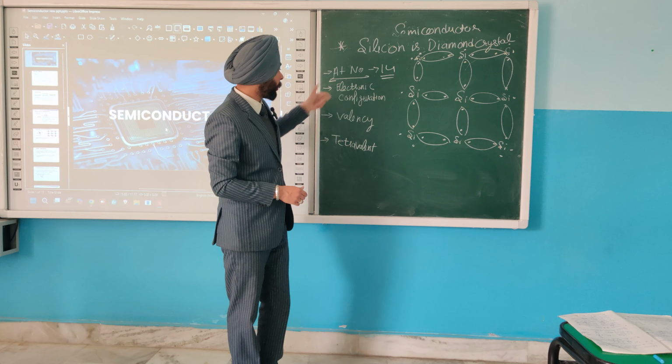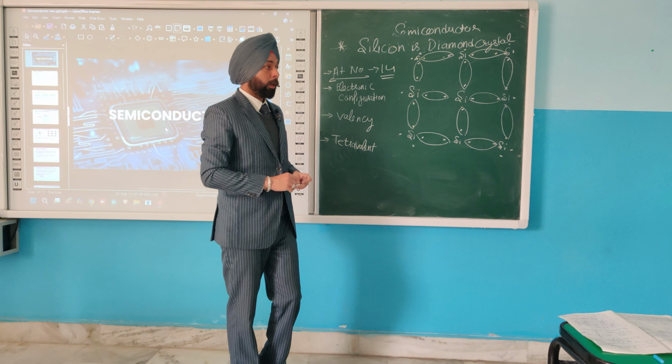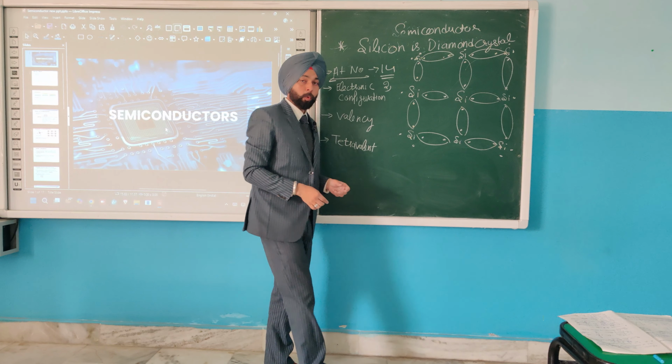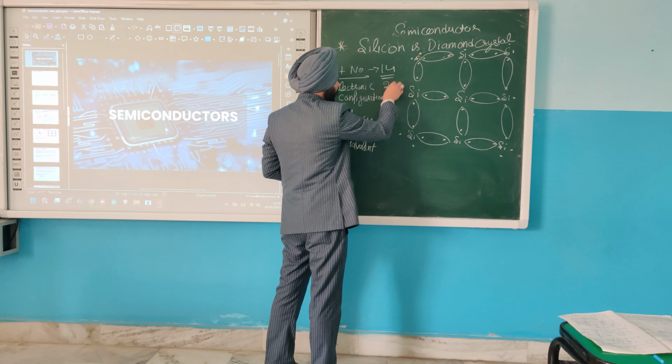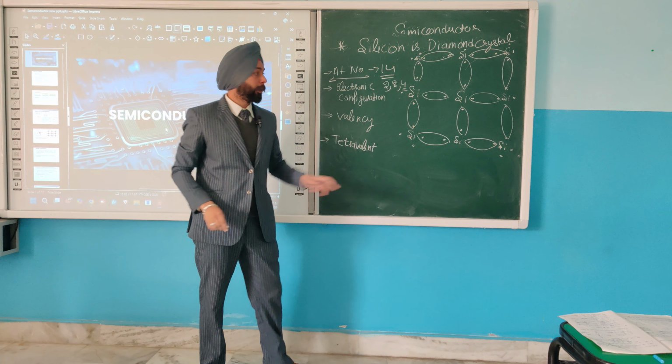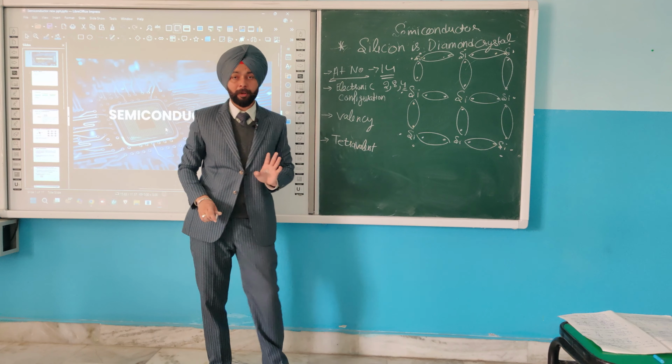If I talk about the electronic configuration, in the first shell 2 electrons stay, in the second 8. How many are left? 4. This is the electronic configuration of silicon.